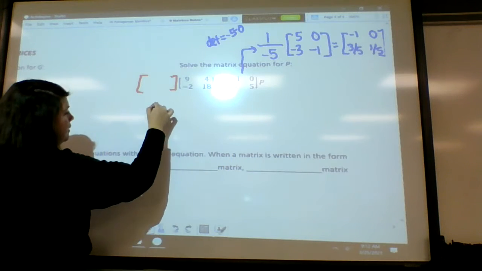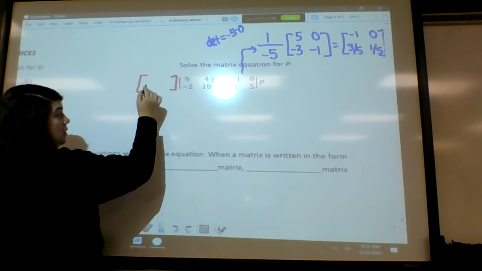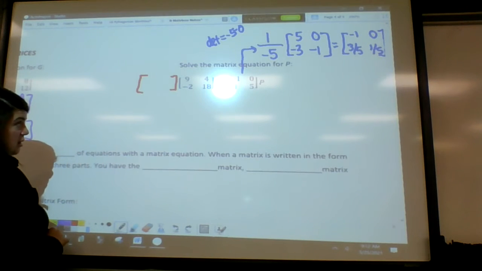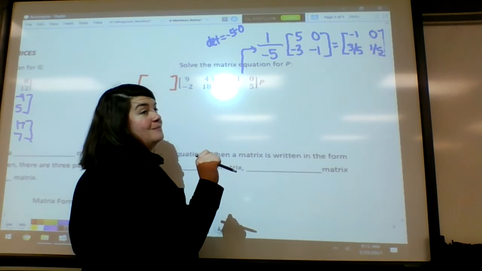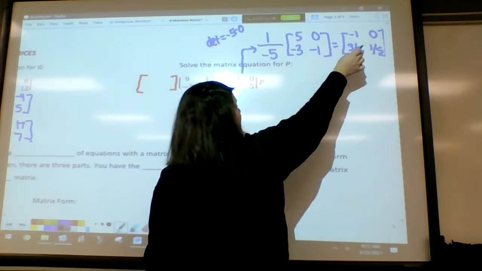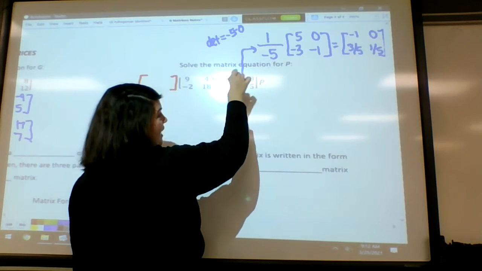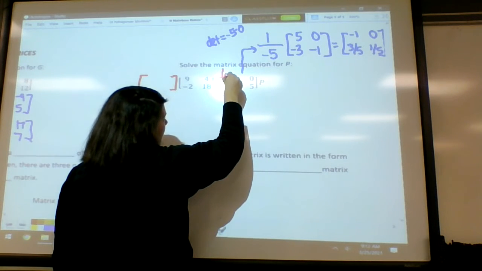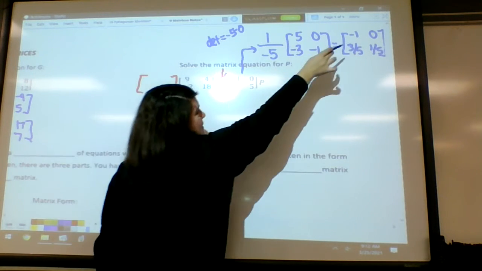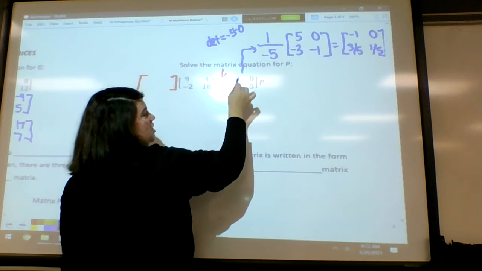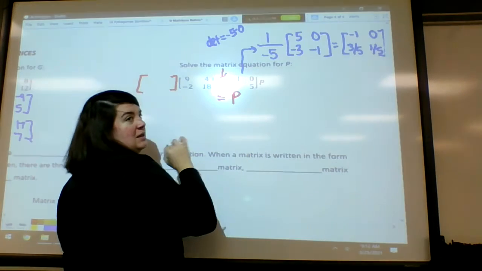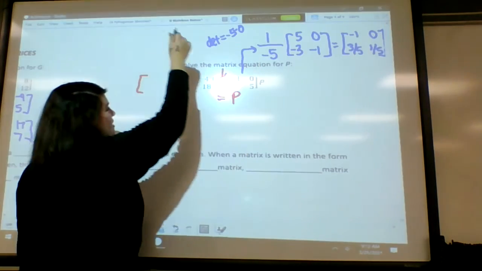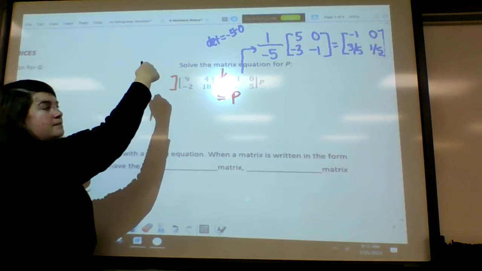But then you see that we have to put it in the front. You have to put it, say that again? Did you say we have to put it with units? No, that we're solving for P. This is the inverse of this matrix right here. So we're trying to get rid of this one. So if we put that matrix in the front right here and multiply those two together, this matrix with this one, we'll get all of those to go away, and it will just equal P. So that matrix has to go in the front over here.